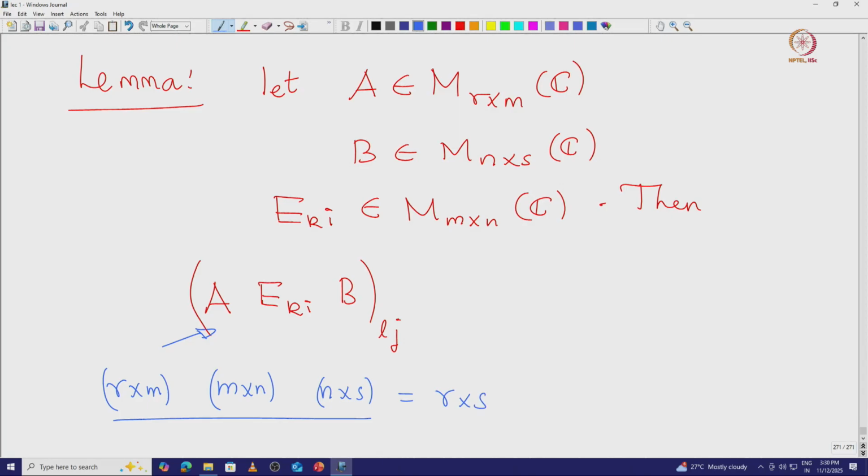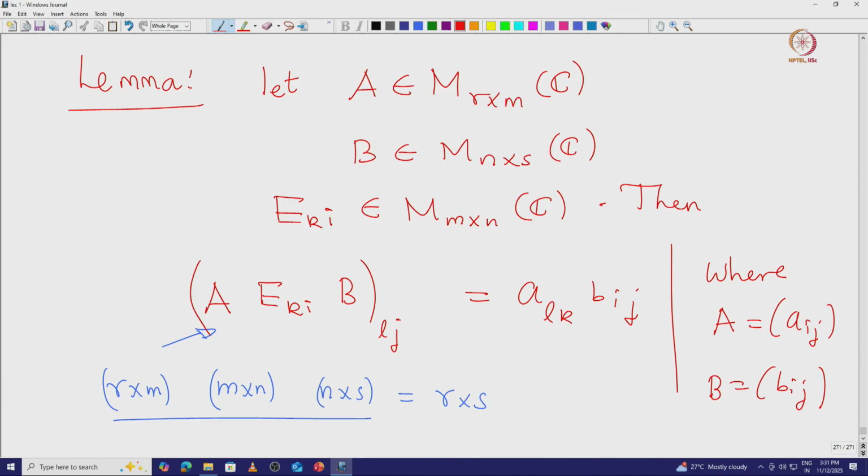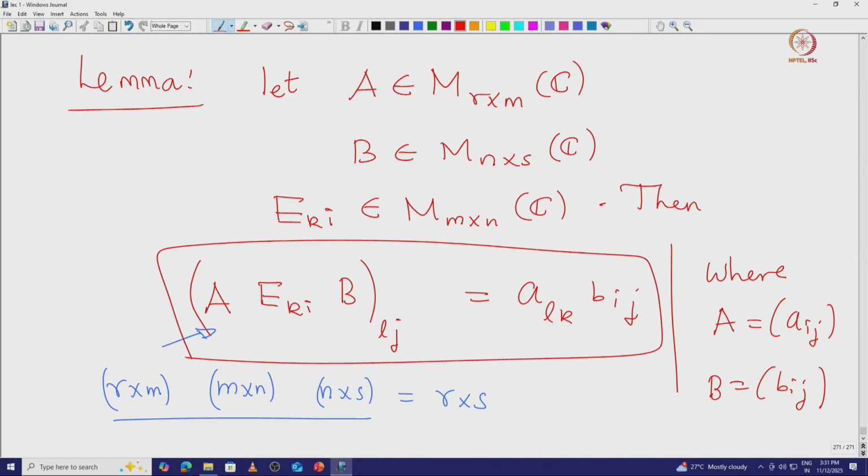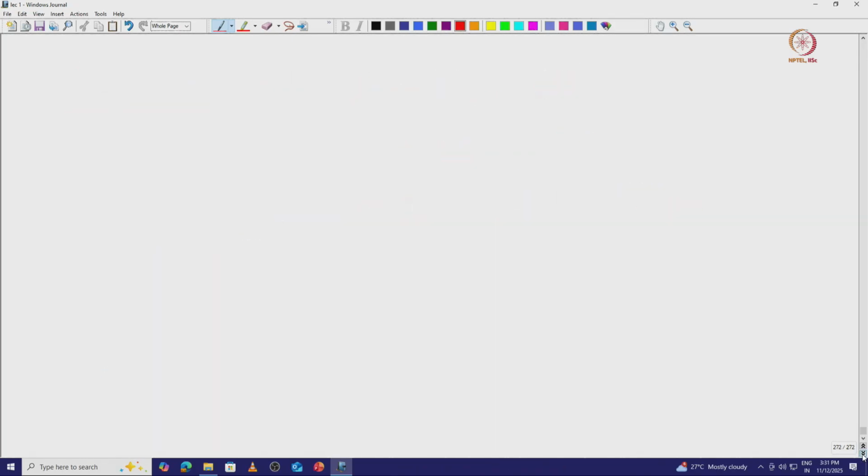So, in that r by s matrix we are computing the (l, j)th entry, and one can prove that this (l, j)th entry is going to be the product A_lk times B_ij, where we use the notation that A is given by A_ij and B is given by B_ij. So, this is basically just matrix multiplication, but in order to be sure let us try to prove this.